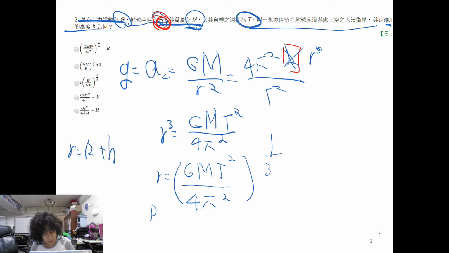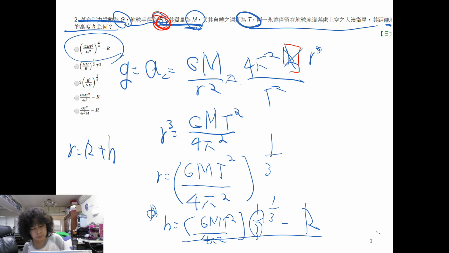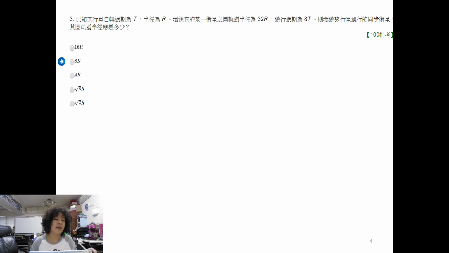So h equals the same GM T squared divided by 4 pi squared, and the cube root right here, minus R, so you got the answer 8. And then next question. Okay, so now you can see this.